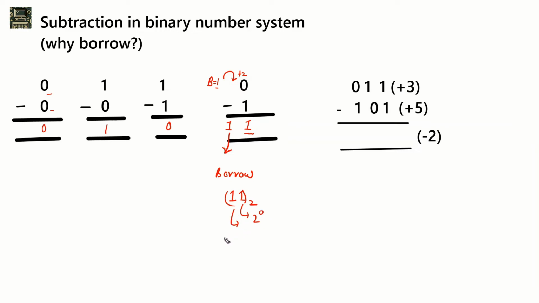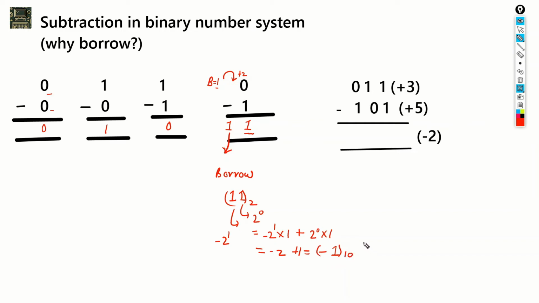The weight of this number will be minus 2 raised to the power 1. So the value will be minus 2 raised to the power 1 into 1 plus 2 raised to the power 0 into 1. So this is what? Minus 2 plus 1, and that's what? Minus 1 in decimal number system.